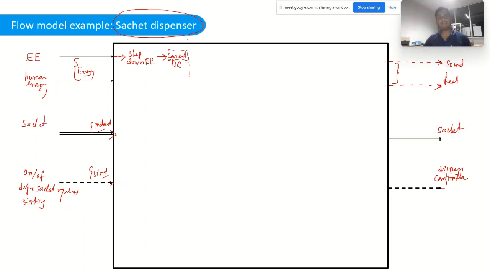After we convert to DC, we will trigger something like a dispenser. Before dispensing, we need some sort of processing unit, right? Because there should be a processing unit which will give the signal and detect how many sachets need to be dispensed.